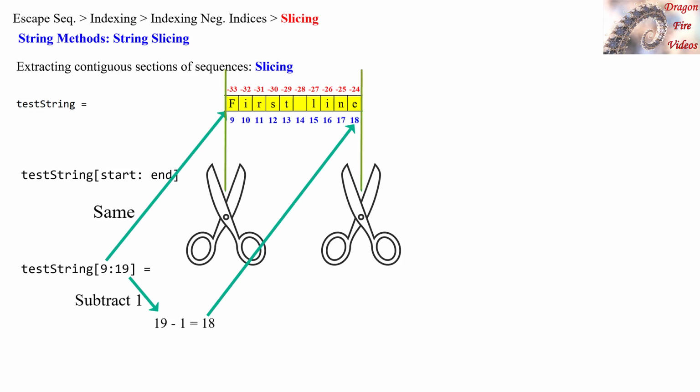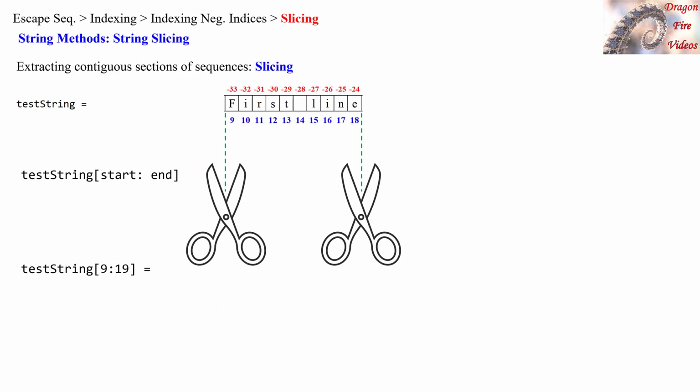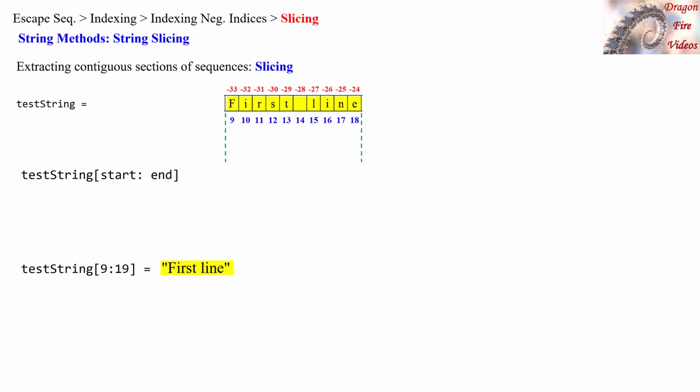So you get the substring starting at the start position through all the characters consecutively to the end location minus 1. That's a nice way to look at how Python envisions the slicing occurring. In this case, test string 9:19 would be the string first space line.